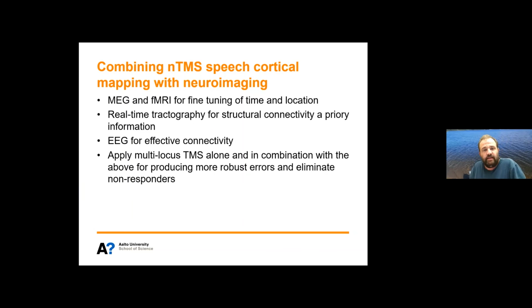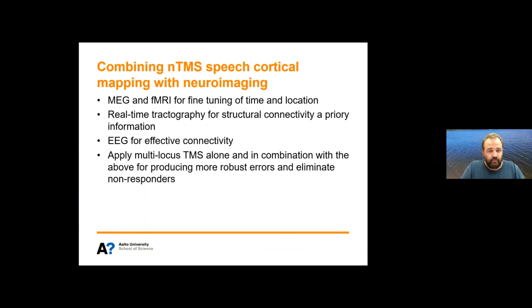And then real-time tractography, as Timo showed, can be a very useful tool during the mapping to follow the fibers and find areas to stimulate that are connected to the speech area, although they are distant. And the EEG can also be very important to help us understand the effective connectivity and how the signal propagates and which areas are connected.